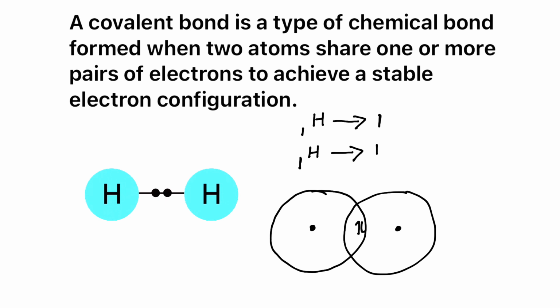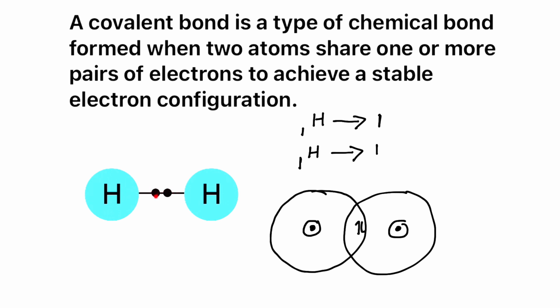Correct, right? Now, definitely the nucleus, which contains protons, which are positively charged, will attract the shared electron pair towards it. Correct, right? But the power of the nucleus of both atoms is the same because both of them are hydrogen atoms. So the pulling power of both atoms is the same.